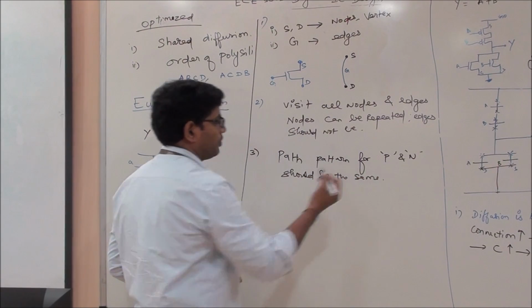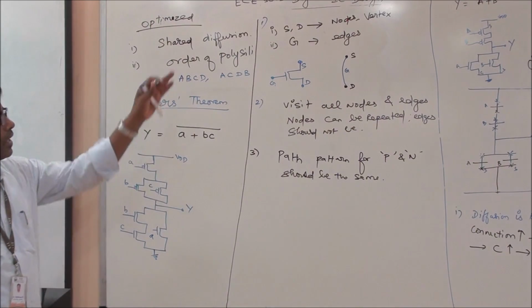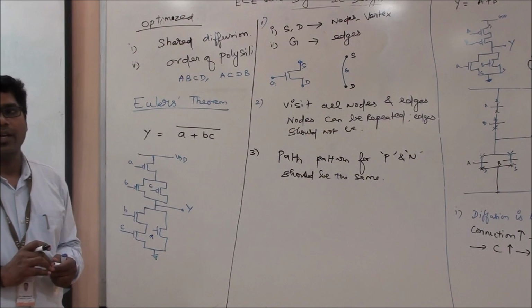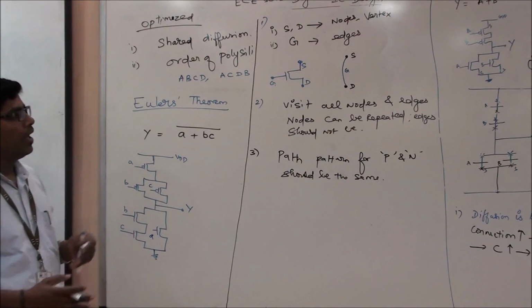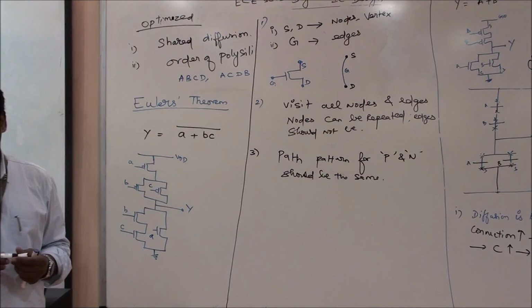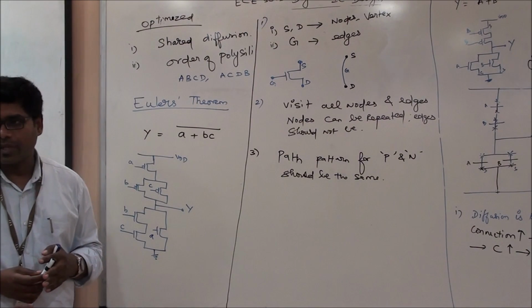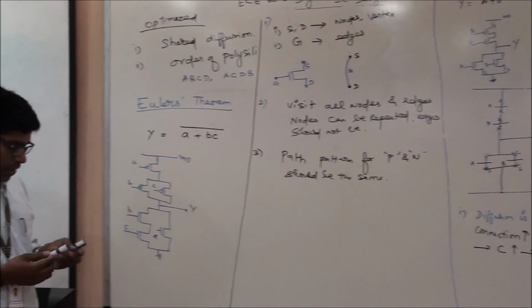That's it. So if you make these three things happen, then you can find out what should be the order of the poly, and thereby you can go for drawing the schematic, stick diagram, and subsequently the layout for the same. Now let's quickly convert this information to a graph network.